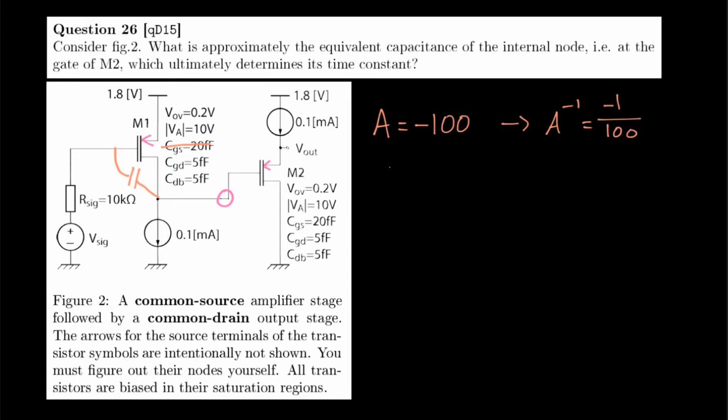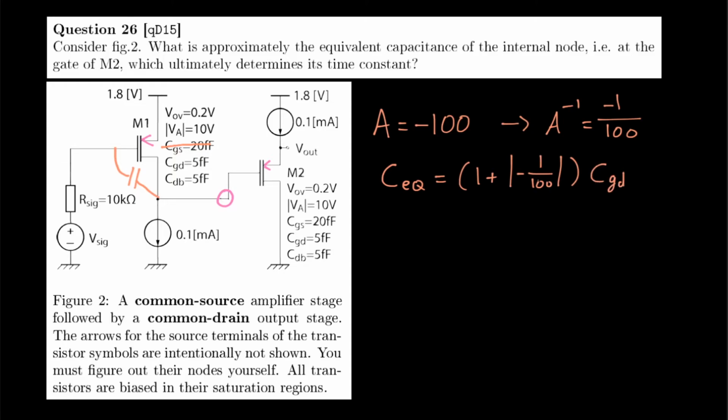If we now apply the Miller capacitance rule, so C equivalent seen from the drain here is equal to 1 plus the absolute gain seen from the drain to the other node, which in this case is the inverse of the normal voltage gain, which is -1/100, and that's multiplied by CGD.